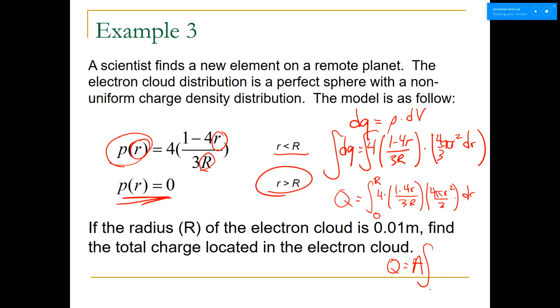Between 0 and R, and then the variables are going to be r squared minus 4r cubed, sorry, dr. And a is a multiplication of all the constants. Yeah, because that's a constant.